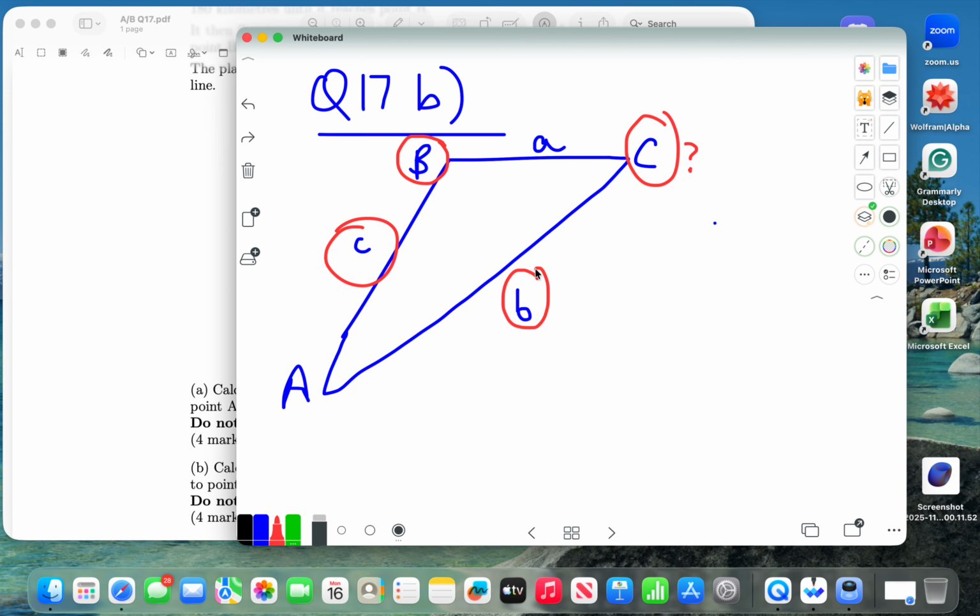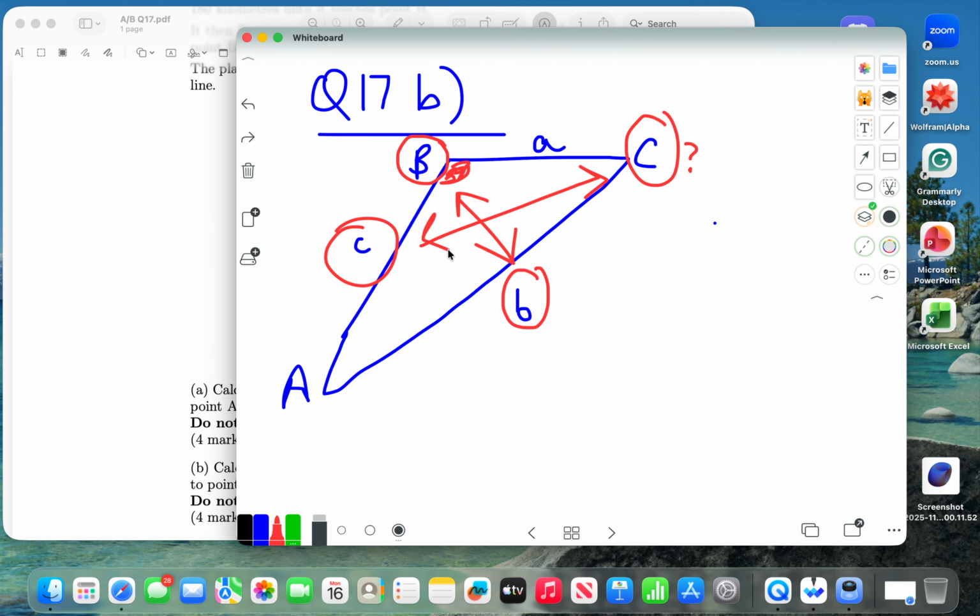But essentially what we have is, we found this angle capital B, and we found the side b in the last question. So we have a pair of opposite sides and angles, and we have small c the side and capital C the angle opposites.